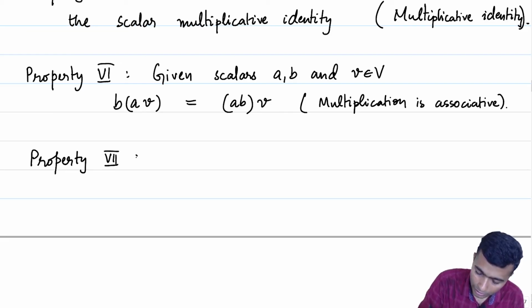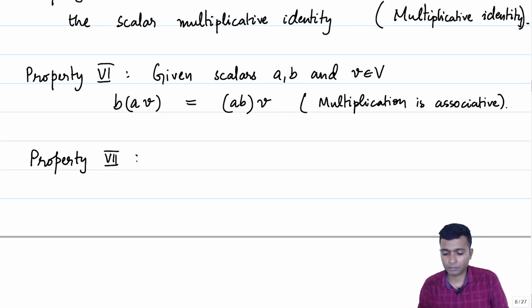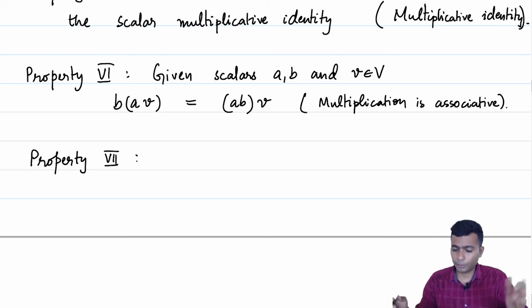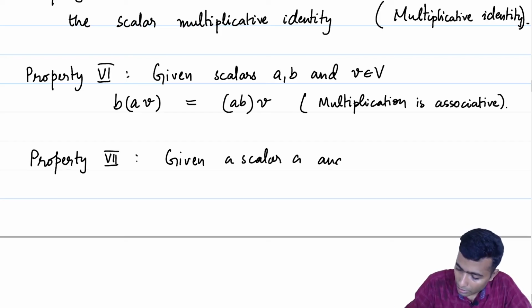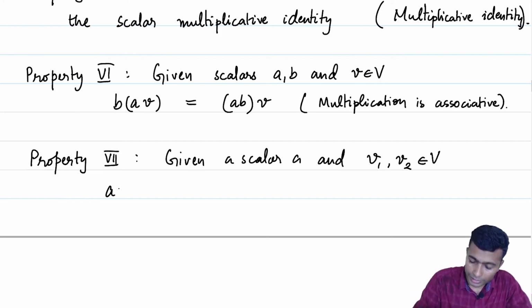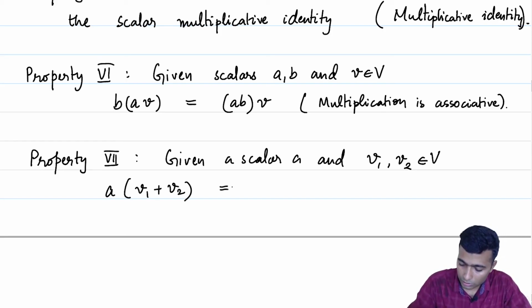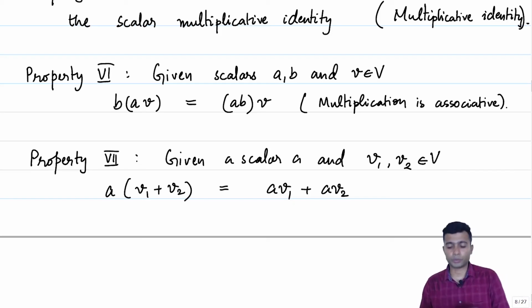The next property is that the scalar multiplication interacts with the vector addition. This is called the distributivity property. So, given a scalar a and v1, v2 in capital V, the scalar multiplication of a to v1 plus v2 is the same as the scalar multiplication of a to v1 added to the scalar multiplication of a to v2.